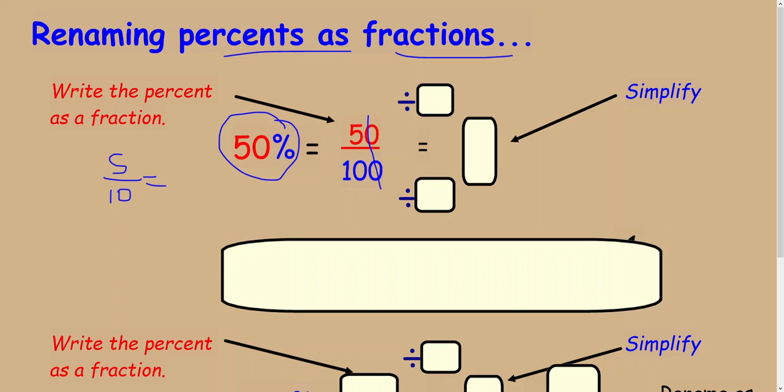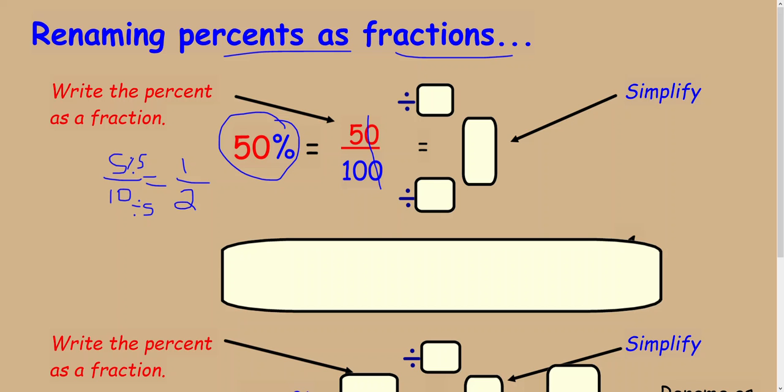Okay, what number will divide into both 5 and 10? Well, you can divide both by 5. 5 divided by 5 is 1, and 10 divided by 5, or 5 times what is 10, is 2, which is half.